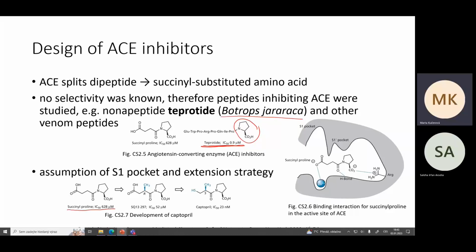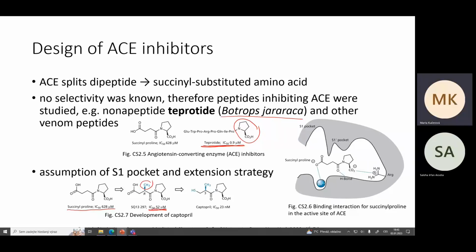the succinyl proline. However, you can see that the IC50 is several hundred micromolar, which is too high. So there was an optimization done by adding a small lipophilic substituent, and the activity was really increased.